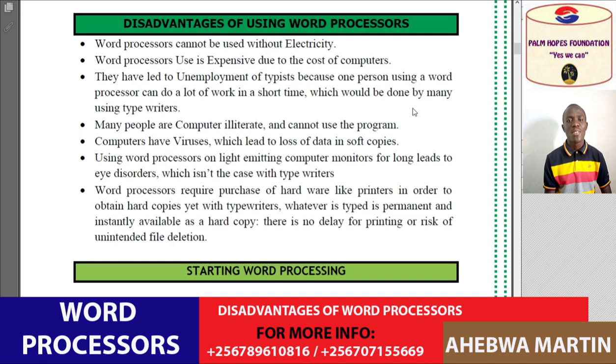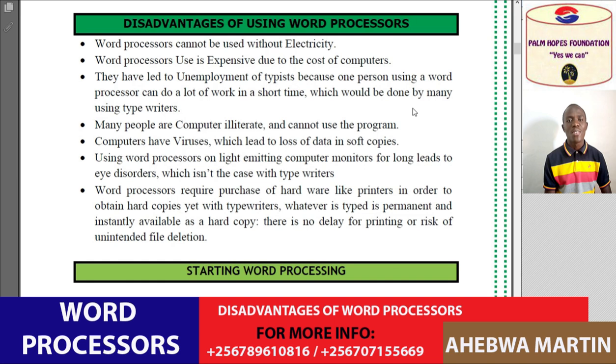So here, if you have to get a hard copy using word processors, you are required to purchase what we call a printer, because the printer is the one which gets the information from the computer to the paper.